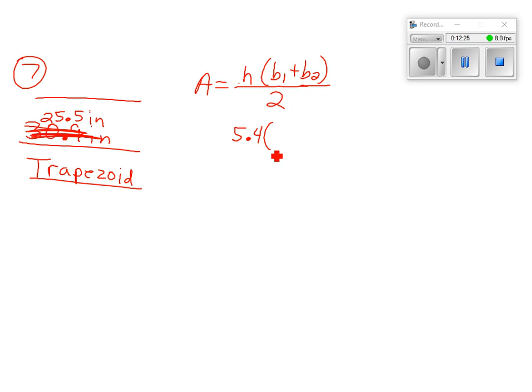Be careful, remember, base 1 this time is which letter on there? 6.2. A1 and A2, right? I'm not sure why they put it that way, just to confuse you, I guess, but the bases are the two parallel sides. So what is A1? 9.4.